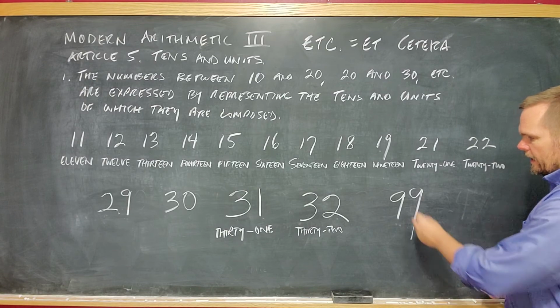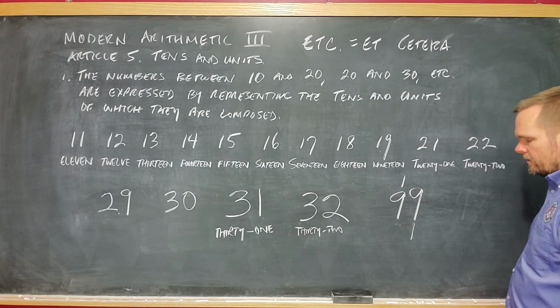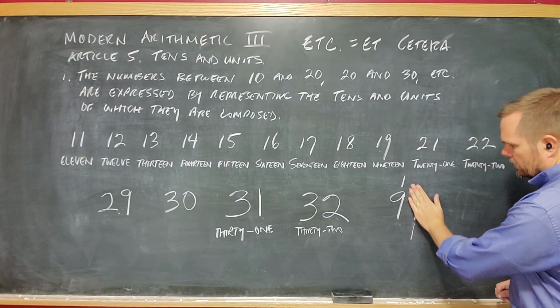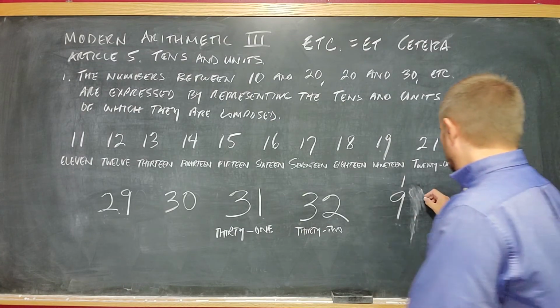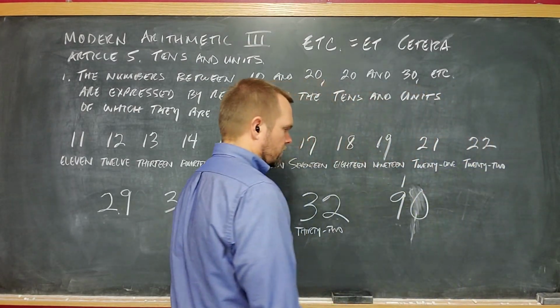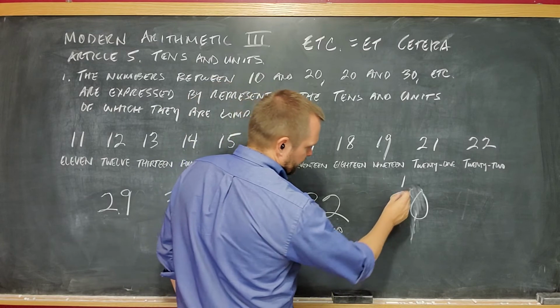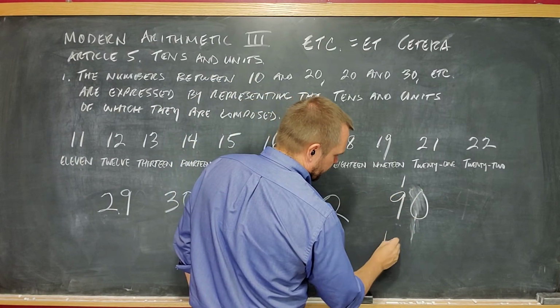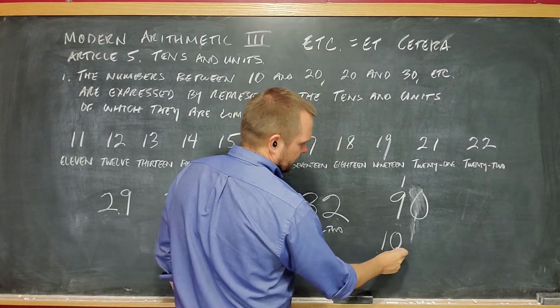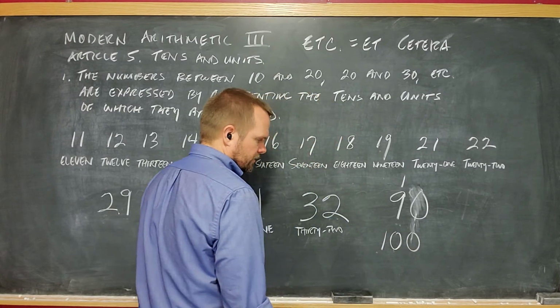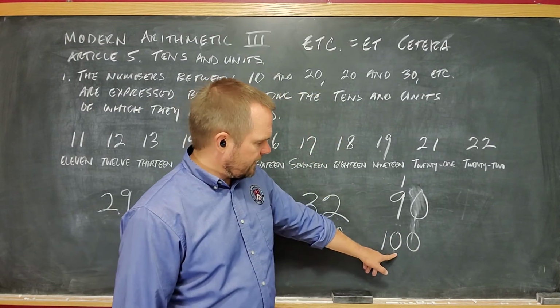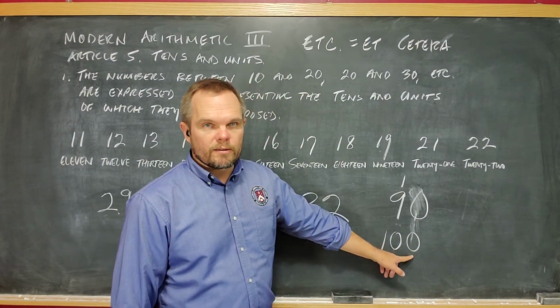So we would have to add one more 10, and that would leave us with 0 units. And if we add them together, we would have 10 tens and 0 units. 10 tens and 0 units.